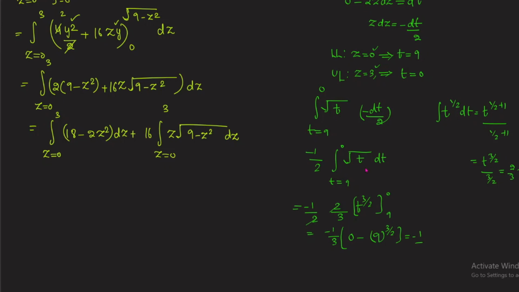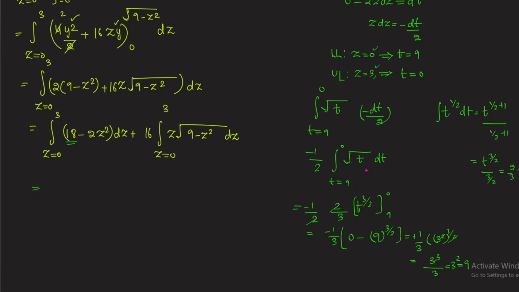Now minus and minus will become plus, 9 can be written as 3 square whole power 3 by 2. So these two will get cancelled, we have 3 cube left by 3, so this will become 3 square, its value will be 9. So finally I am getting 9 as the answer for this.